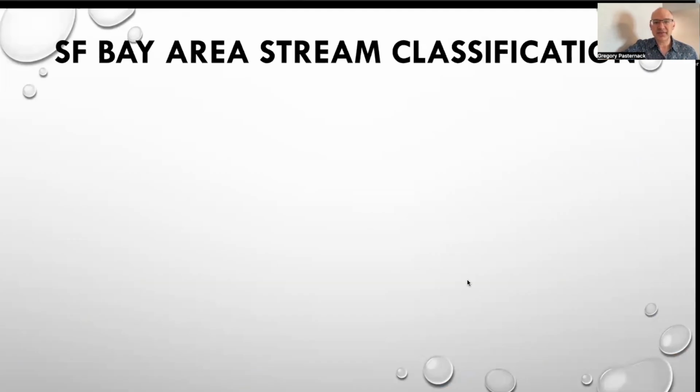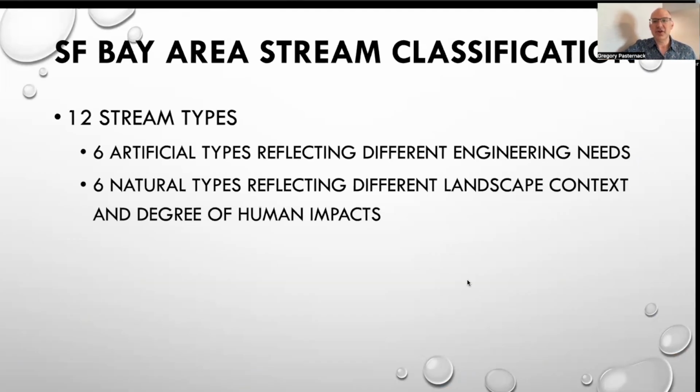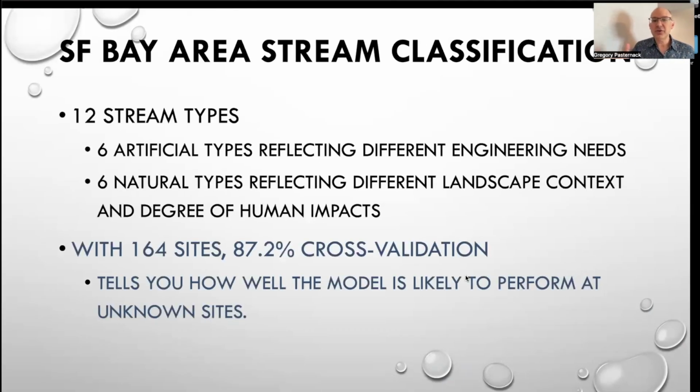As a reminder, with the San Francisco Bay stream classification, there are 12 stream types, 6 artificial types reflecting different engineering needs, and 6 natural types reflecting different landscape contexts and degree of human impacts. In our field methods to develop this classification, there are 164 sites that had an 87.2% cross-validation.